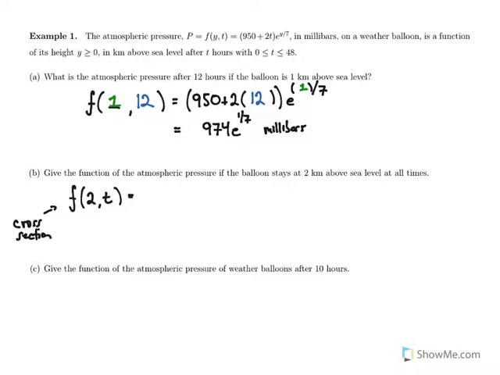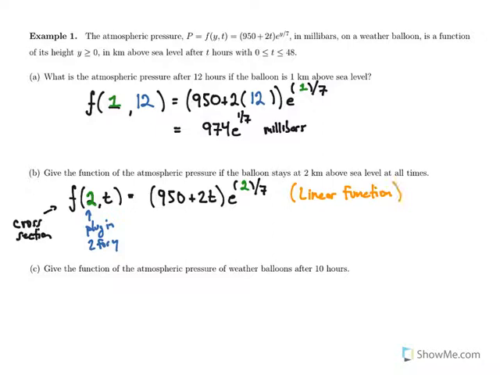So what this means is that we're going to plug in 2 for y. So this will be the function 950 plus 2t times e to the, in this case, our y value is 2, so 2 over 7, which is a linear function, as our only variable is just multiplied by a constant.